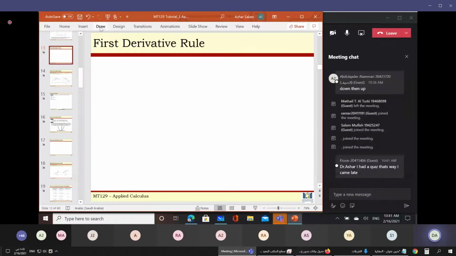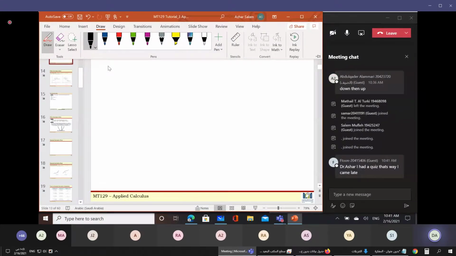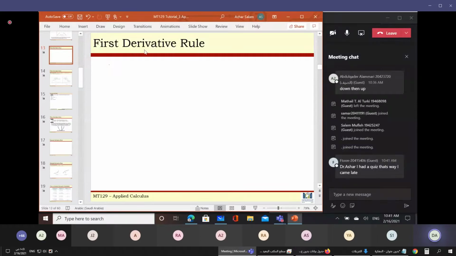Okay, first, if I want to find whether the function is increasing or decreasing, I find first f dash of x. Second, I find the critical points, f dash of x equal to 0. Okay, أول شيء أوجد المشتقة، بعدين أوجد أصفار المشتقة. هذه الأصفار أسميها ال critical points.